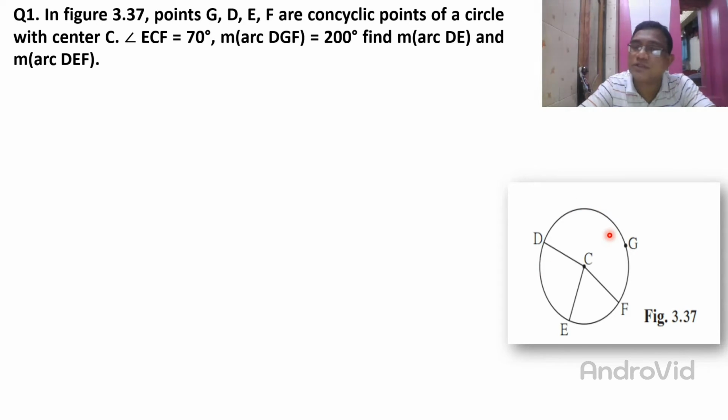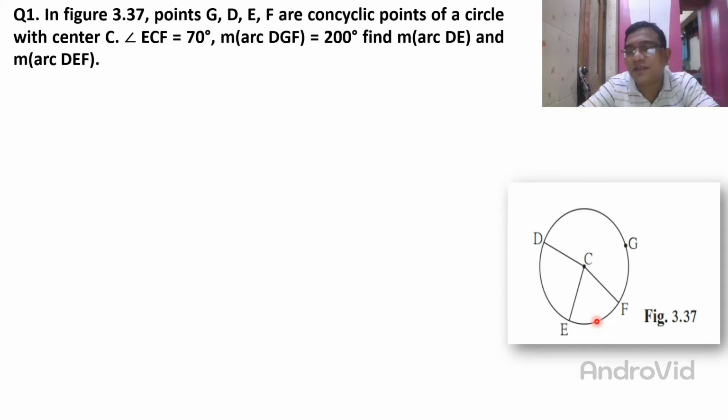C is the center of the circle. The angular measure of the central angle is equal to the arc in front of it. This is ECF, the central angle, and it is 70 degrees. So major arc EF is equal to 70 degrees.